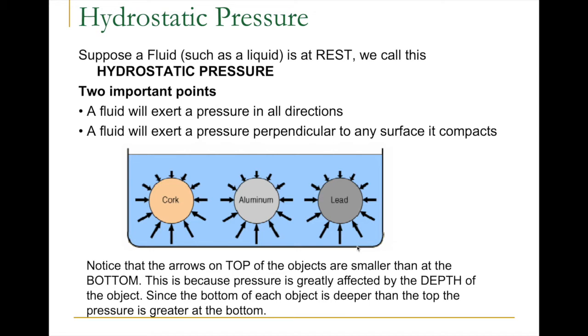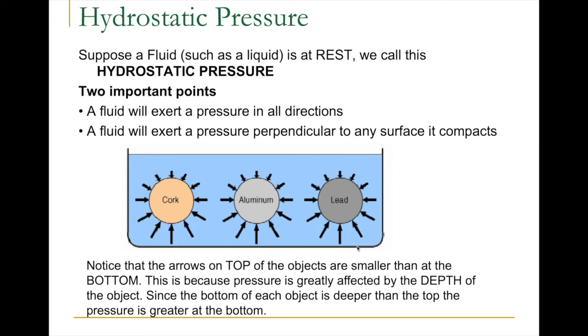So when you take a look at the picture here of the three objects submerged in this fluid, you'll notice that we have vector arrows all pointing in towards the object, but you'll also notice that the length of those arrows are different. That's because, as we know from vector understanding, the length of the vector should represent the magnitude, meaning that the amount of force that these objects are experiencing at a lower level is actually higher than the force above.